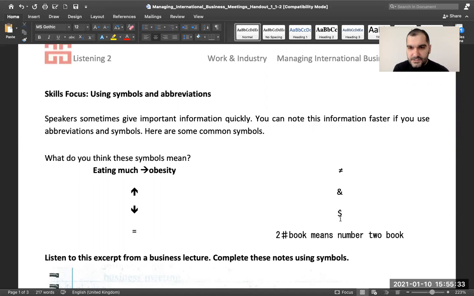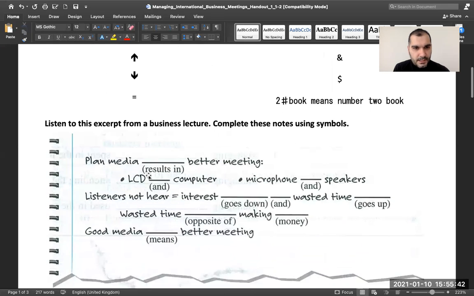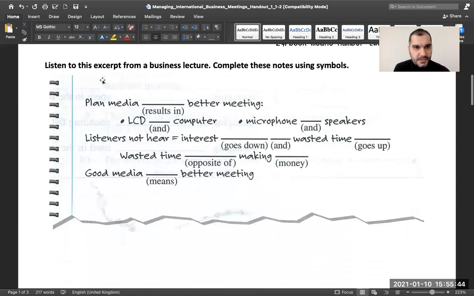Okay, and it means money and not equal, to decrease, to increase, and to cause, to lead to. And this part requires your listening, but here you don't need to listen actually, because the answers have already been provided.